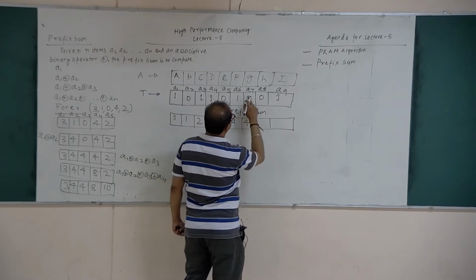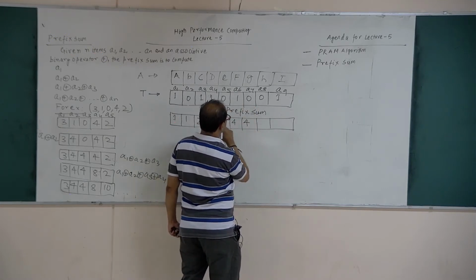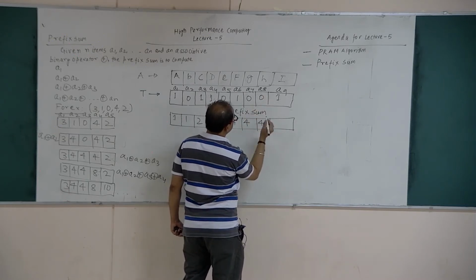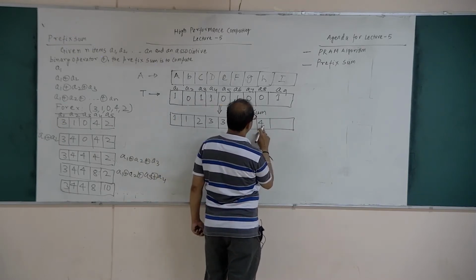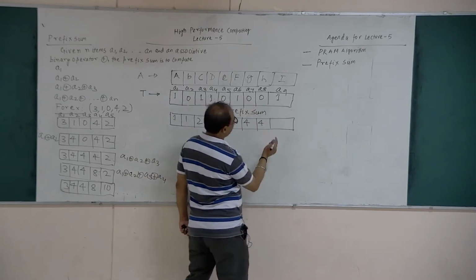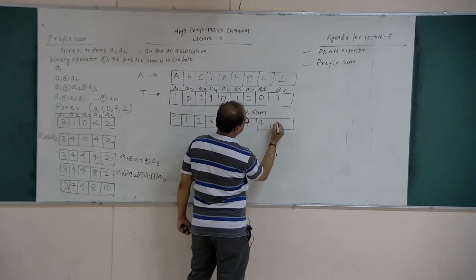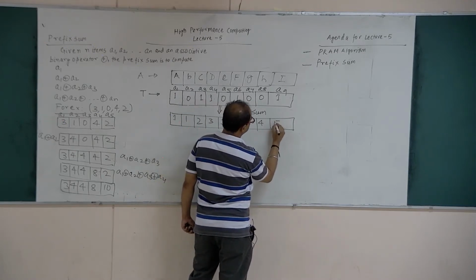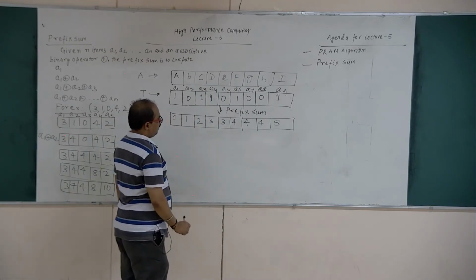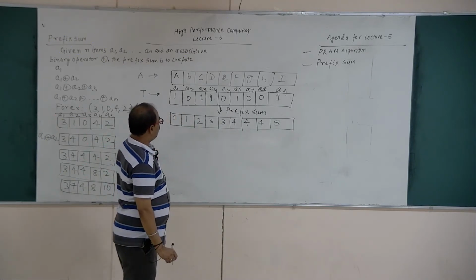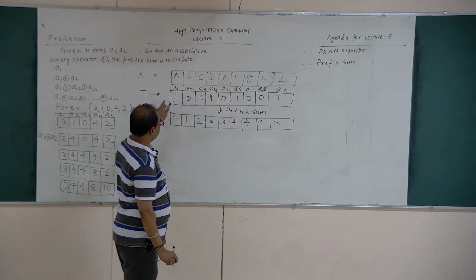Now the sum at A7 is the sum of A1 to A7, that is 4, and 4 is added with 0, so it will be 4. Finally the sum of A1 to A8 is at A8, and now we add A8 with A9, so it will be 5. This is how we get the prefix sum from the temporary array.